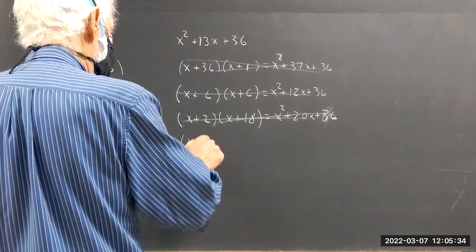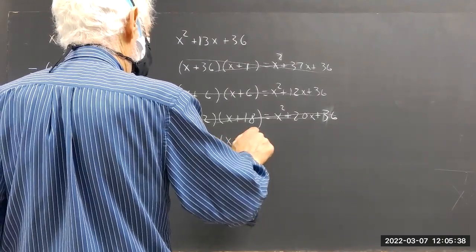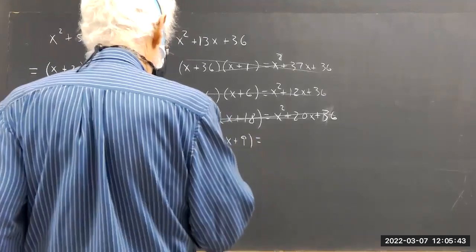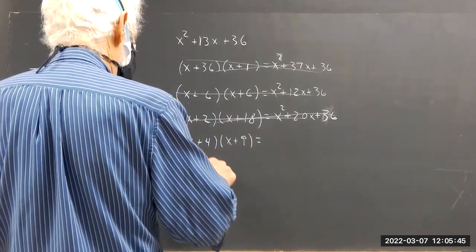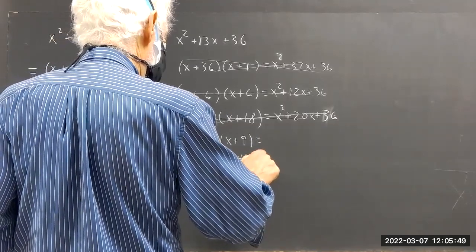Now, if we do x plus 4 times x plus 9, well, let's just go ahead and write this out. That's x times x plus 9 plus 4 times x plus 9.